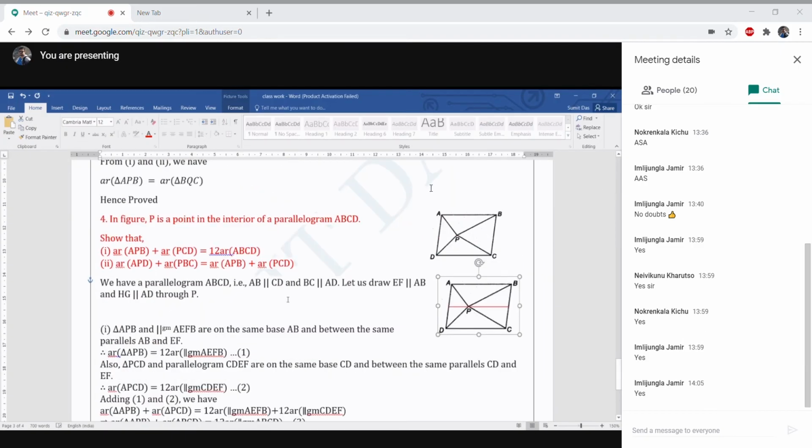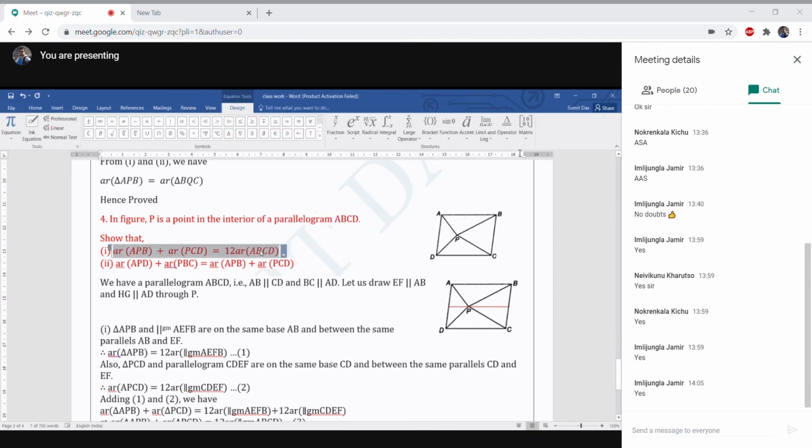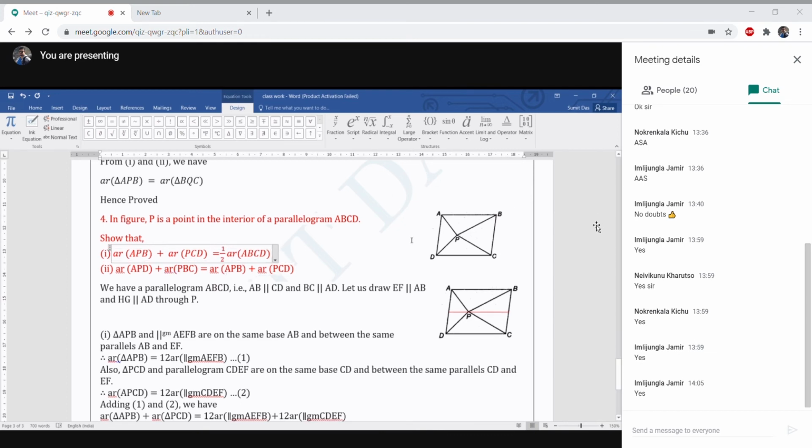Okay, this is the question. P is any interior point, and we have to show that area of APB, this upper triangle, plus area of PCD is equal to half of area of ABCD. This triangle APB plus PCD equal to half of ABCD.